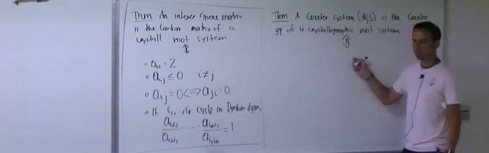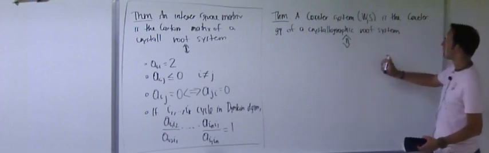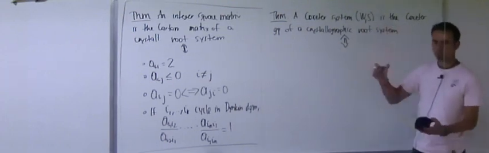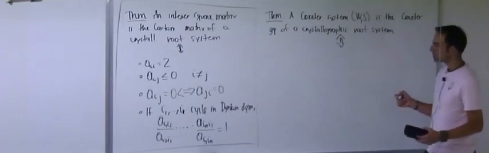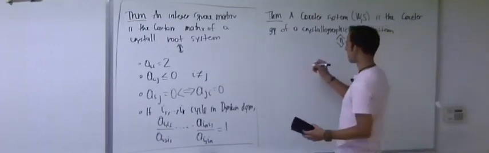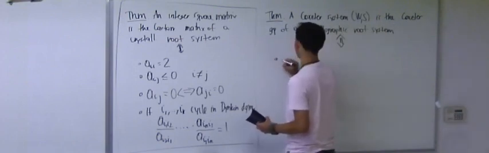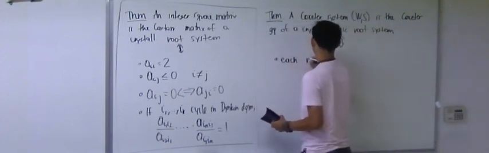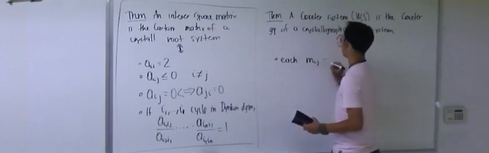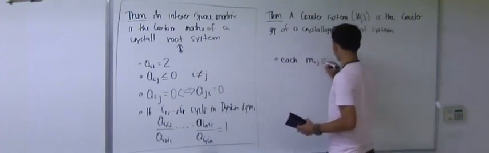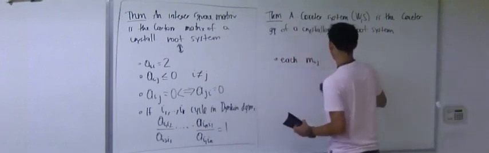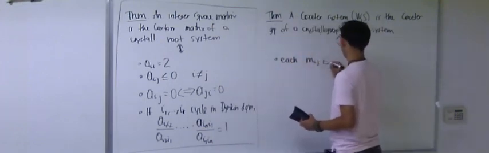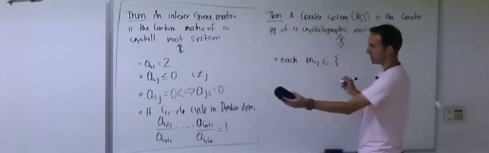Okay. So the goal today is to fill in the blank and understand exactly what are the Coxeter systems that come from crystallographic things. Okay. Now, from that table, we can already infer one necessary condition, which is that the m_ij's have to be in this list, right?